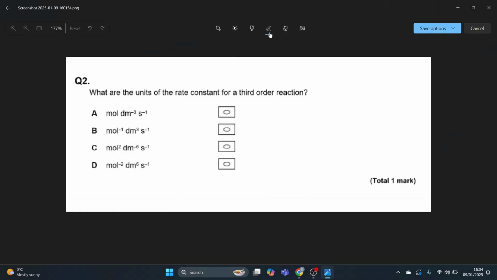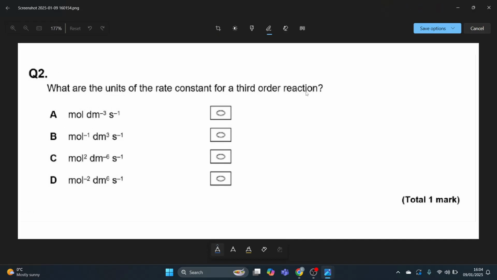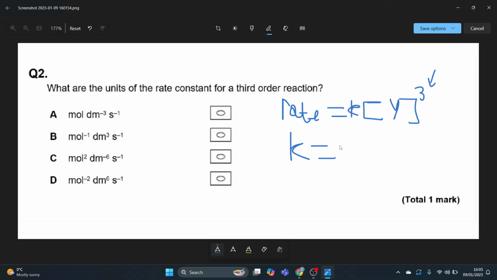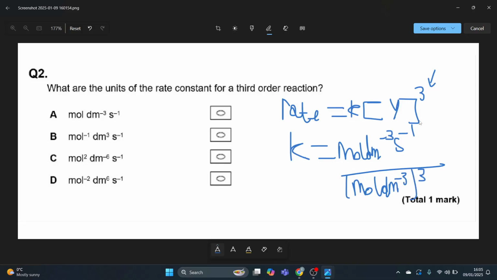Question 2. What are the units of rate constant for a third order reaction? So let's construct the rate expression. Rate equals K, third order reaction, Y to the power 3. Now to find out the units, we do K equals mol per dm cubed s to the power 1 all over mol per dm cubed to the power of 3, because cubed.